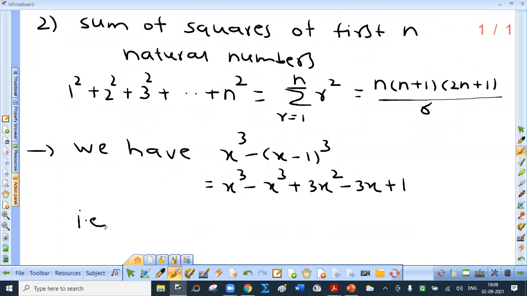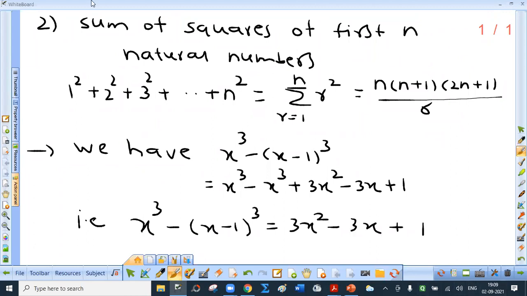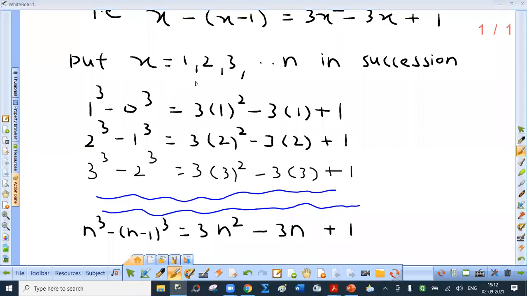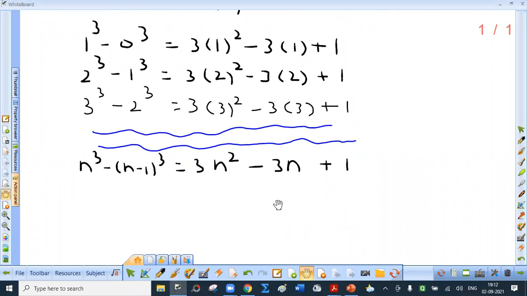That is finally x cube minus (x minus 1) cube equal to what? 3x square minus 3x plus 1. Right. Now put x equal to 1, 2, 3 up to n in succession. So 1 cube minus 0 cube equal to 3 into 1 square minus 3 into 1 plus 1. 2 cube minus 1 cube is this. Up to what? n cube minus (n minus 1) cube equal to 3n square minus 3n plus 1.